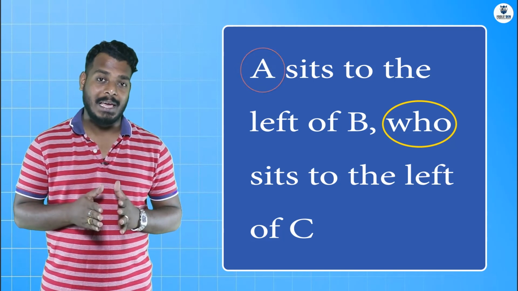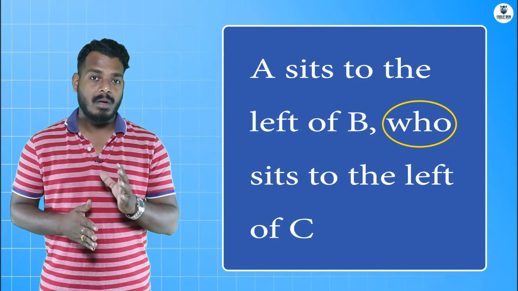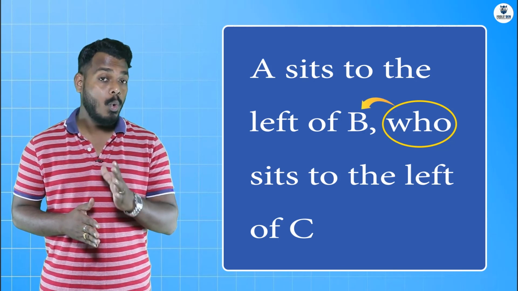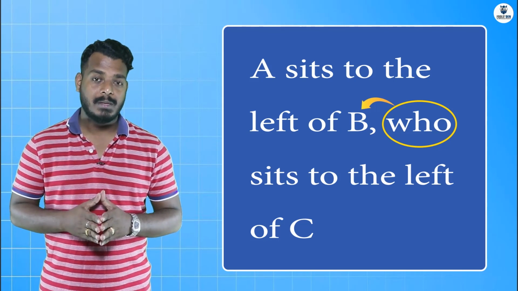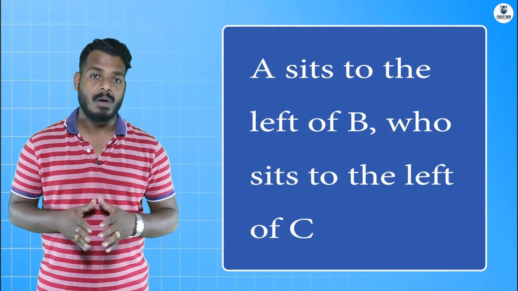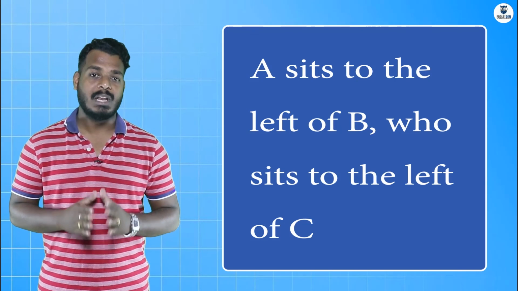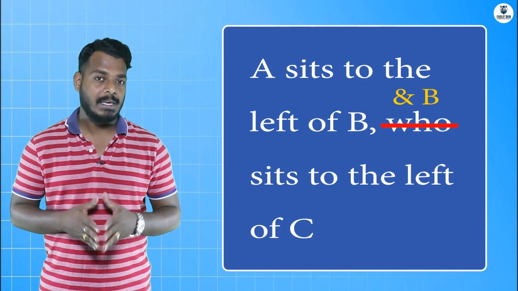Who represents A or B? Always remember, "who" refers to the person whose name comes just before the word "who". So here, "who" represents B. So the same statement can be reformed something like this into: A sits to the left of B and B sits to the left of C.